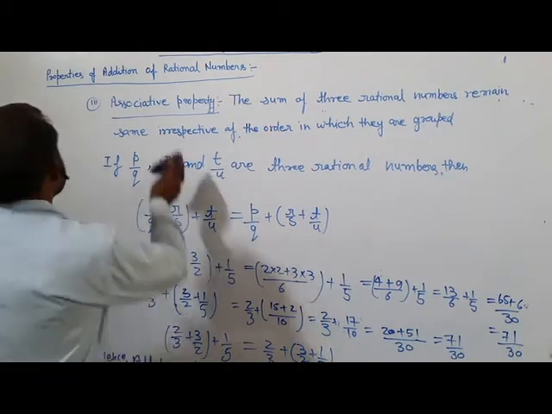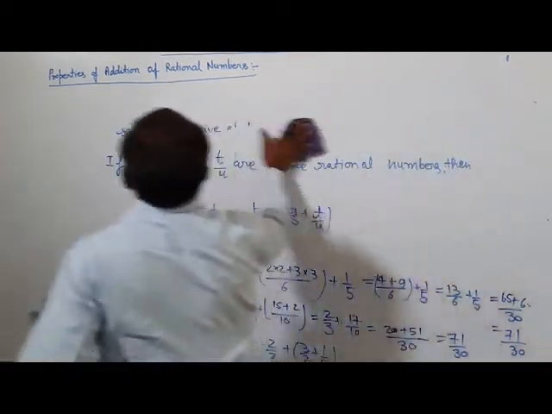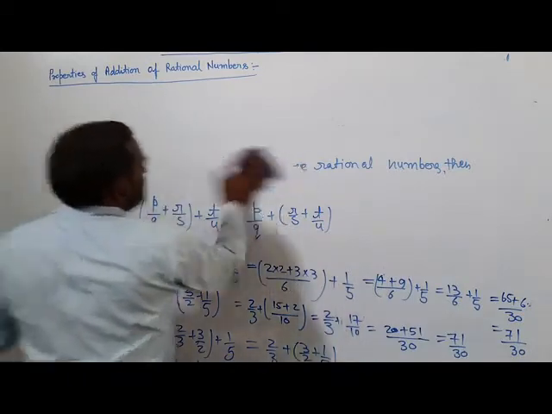Next is additive identity. The next property of addition is additive identity.